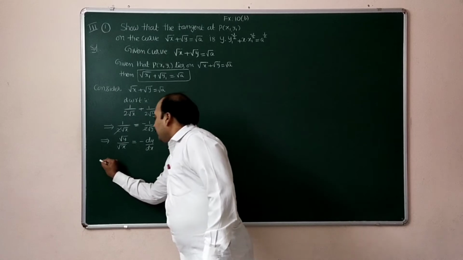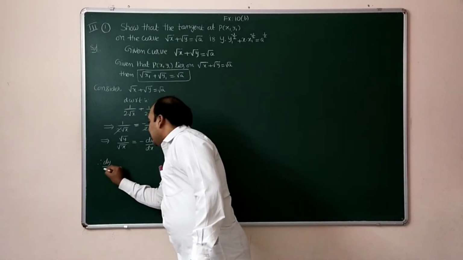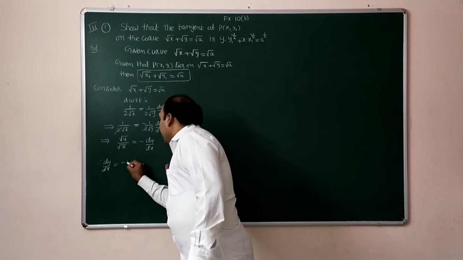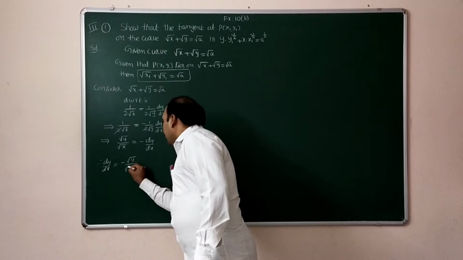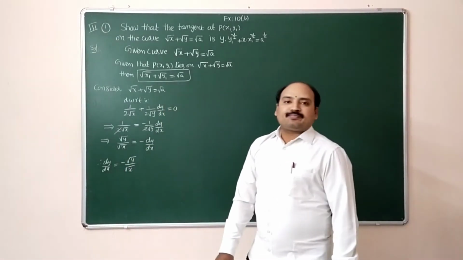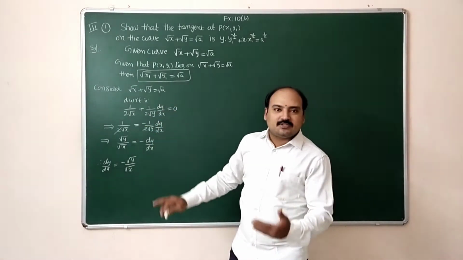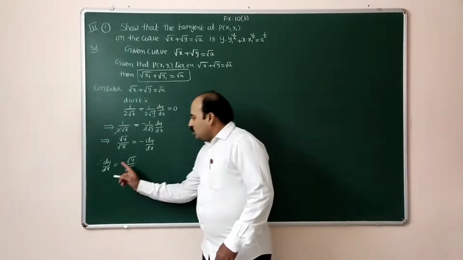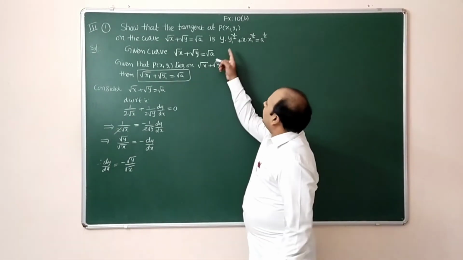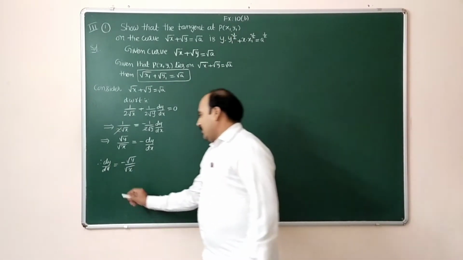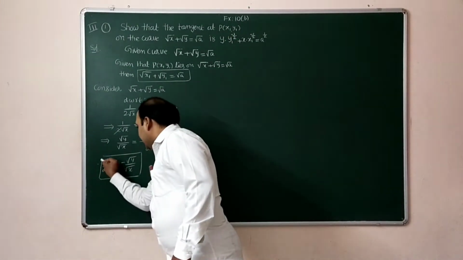So therefore dy by dx equal to minus root y divided by root x. Dy by dx means what? Slope of the curve. Slope of the curve means slope of the tangent. Slope of the curve at what point can we calculate? At x1, y1.